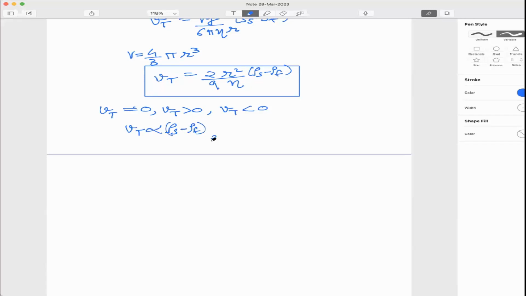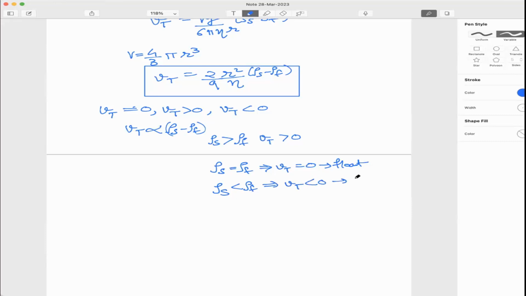So if the density of the solid, or that object that is moving inside the fluid, is greater than rho f, and it may not always be a solid, it could be some other object, some bubble also, then terminal velocity is positive. If rho s is equal to rho f, then it's 0. It will float. If rho s is less than rho f, then terminal velocity is negative.